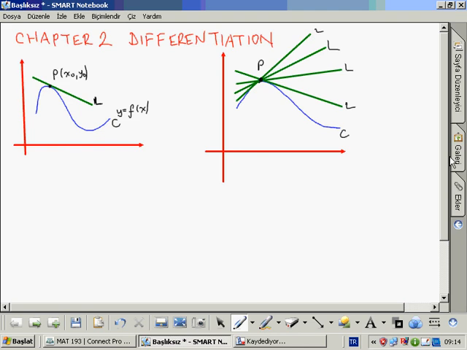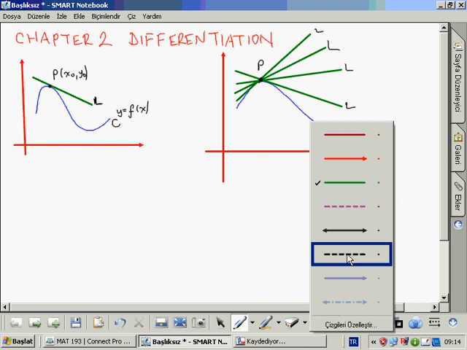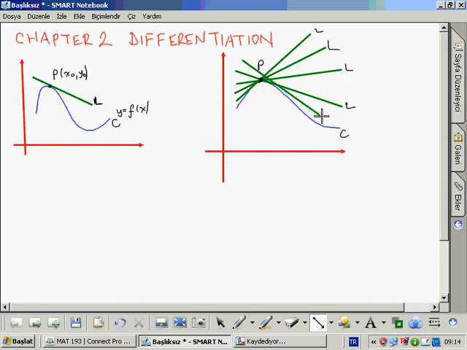This is the C curve, and this point is Q, and this is x0, y0, and this point is x0 plus h.